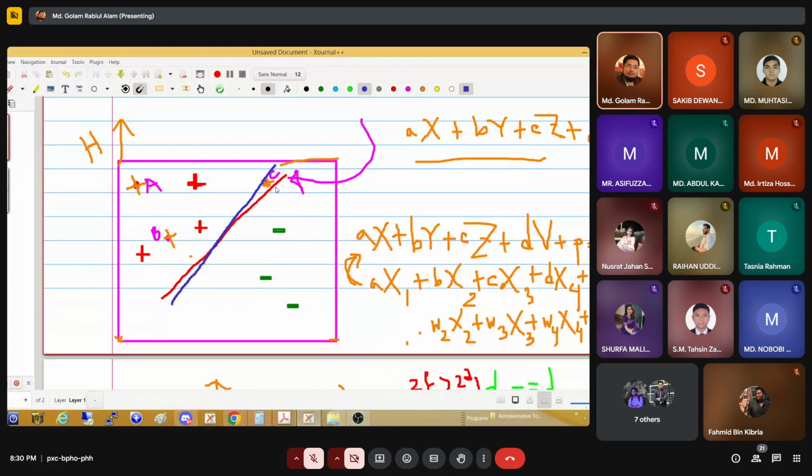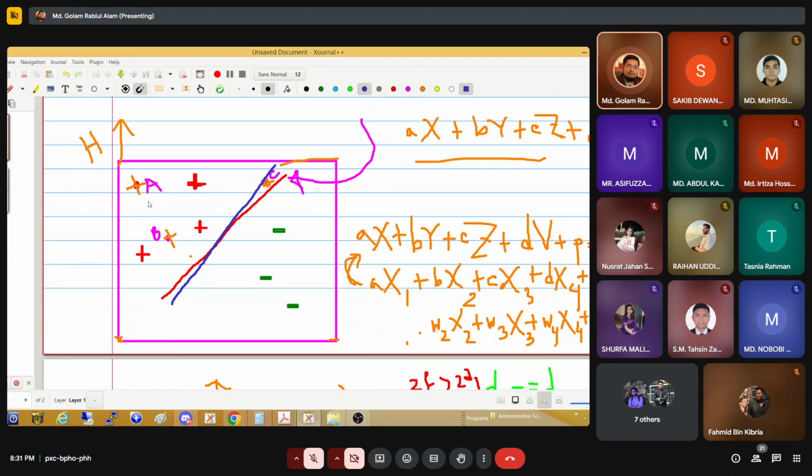So that means the confidence in determining the class level of C is lower than for A and B, because a little tilting of the hyperplane will not change the class level of A and B, but it will change the class level of C. So when predicting the class level of A, we are more confident than when we define the class level of C.